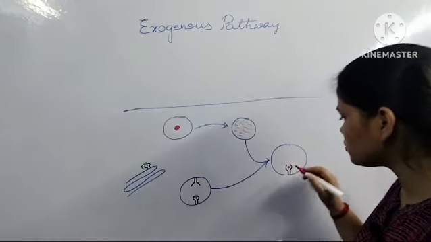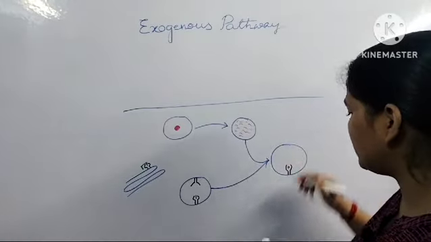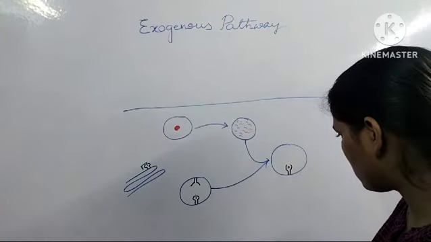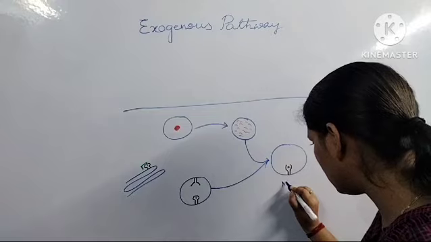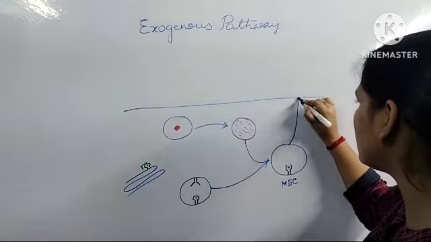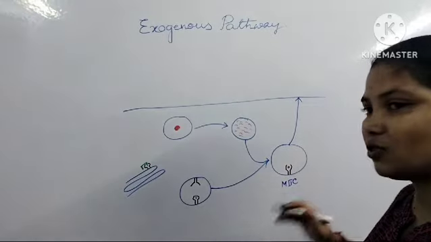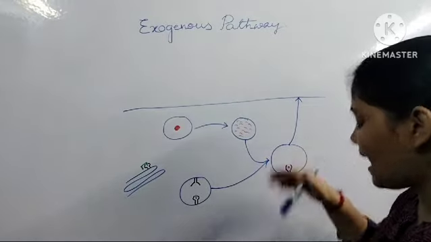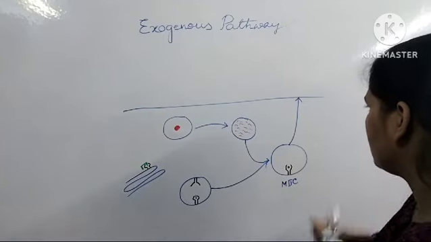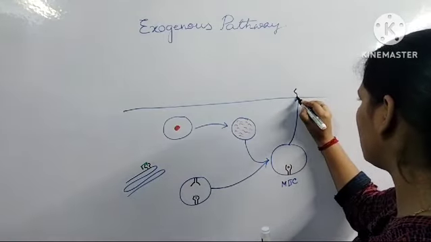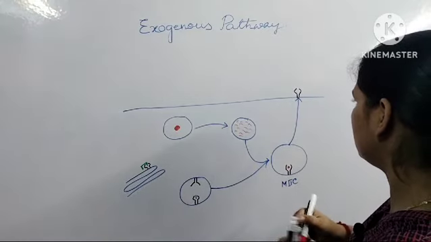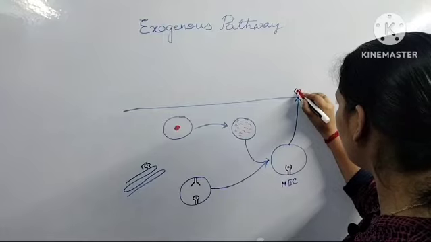Okay, so now this endocytic vesicle, which is basically known as M2C, if I am not wrong, this is known as M2C. So this M2C will fuse with the plasma membrane and the MHC2 molecule with the antigen will reach the plasma membrane. So now this is your MHC2 molecule and this is your antigen.